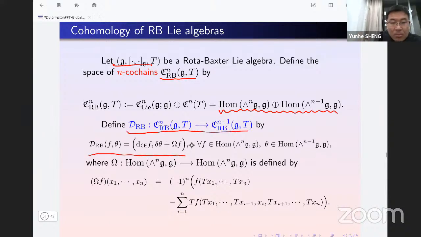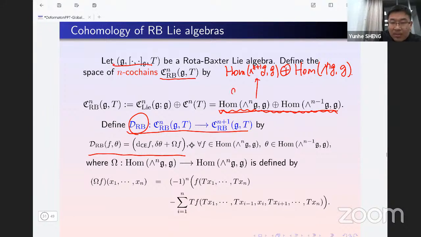Let me give more explanation of this coboundary operator. This is the space of n cochains, and the space of n plus 1 cochains is Hom(wedge n plus 1 g, g) direct sum Hom(wedge n g, g). d RB is given by three elements.